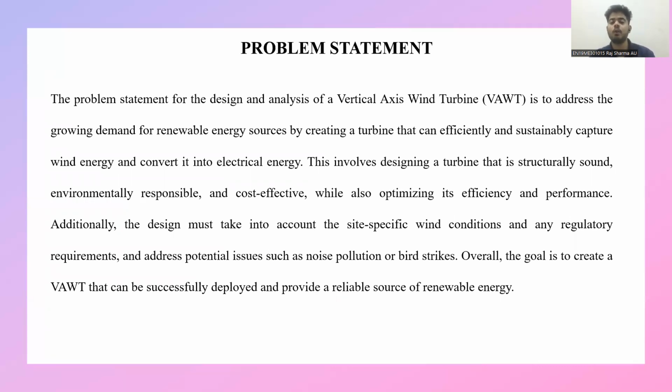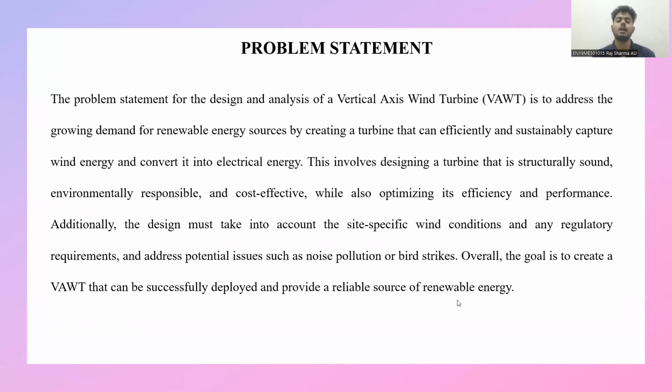The problem statement for this design and analysis of vertical axis wind turbine is to address the growing demand for renewable sources of energy by creating a turbine that can efficiently and sustainably capture wind energy and convert it into electrical energy. This involves designing a turbine that is structurally sound, environmentally responsible, and cost effective while also optimizing its efficiency and performance.